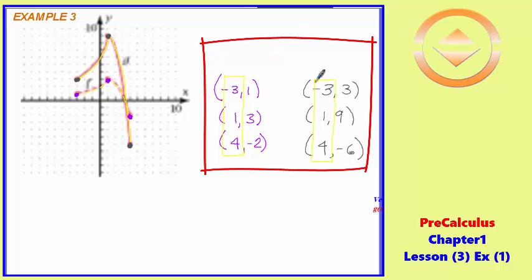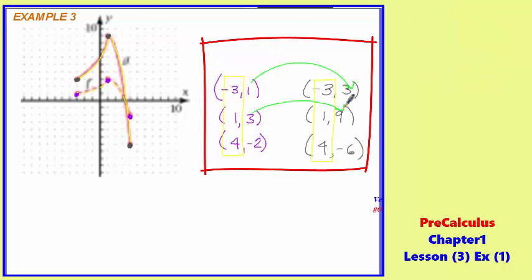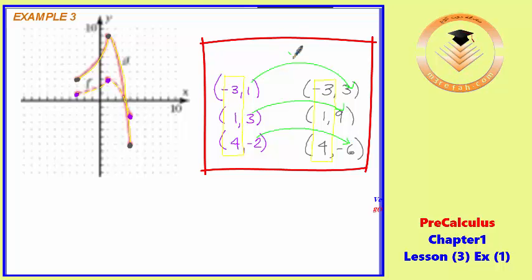Now for the second part, this is 1 and it became 3. This is 3 and it became 9. This is negative 2 and it became negative 6. Meaning that they are multiplied by a factor of 3. So it's times 3.